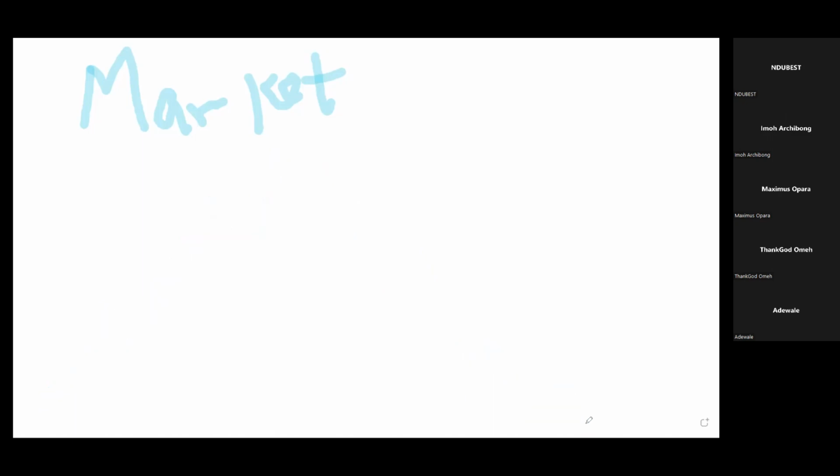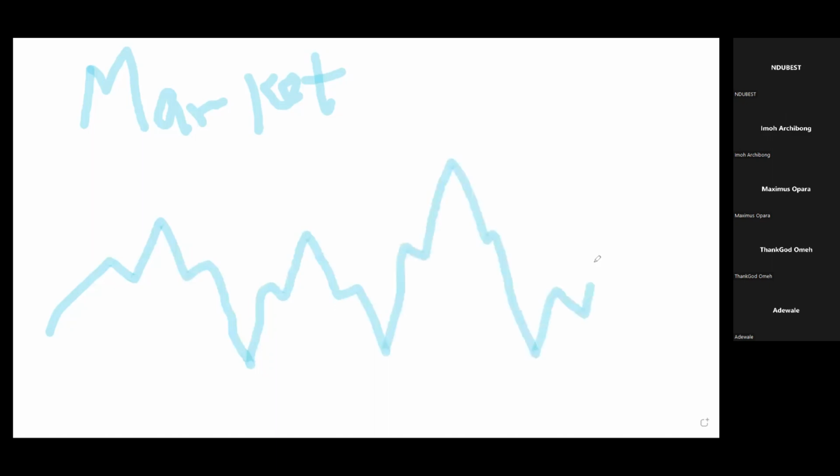But if it is not trending, that means it's going sideways. You're going to see it move like this: up, down, up, down, up, down. You won't really be able to say this is the clear direction the market is going. I showed some examples last week of when the market is not trending.